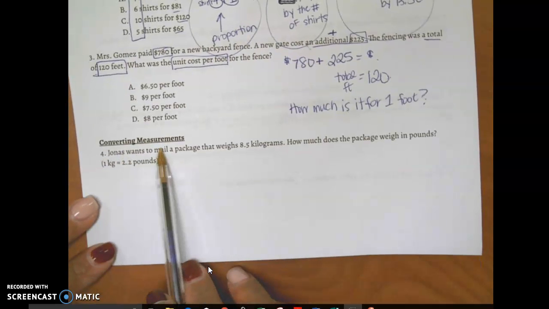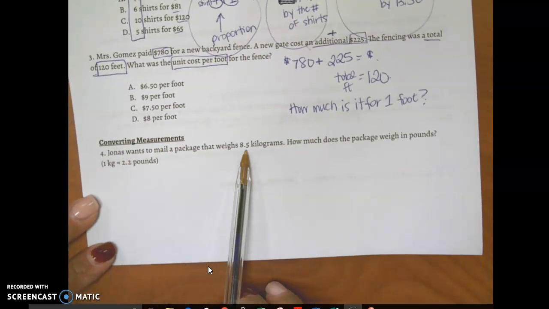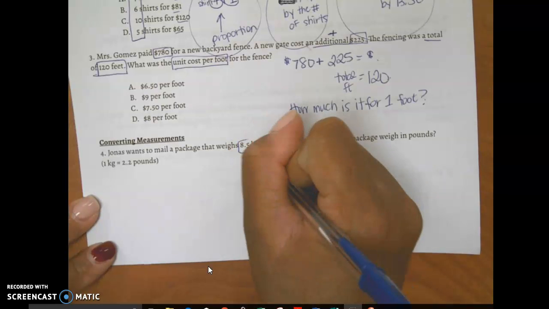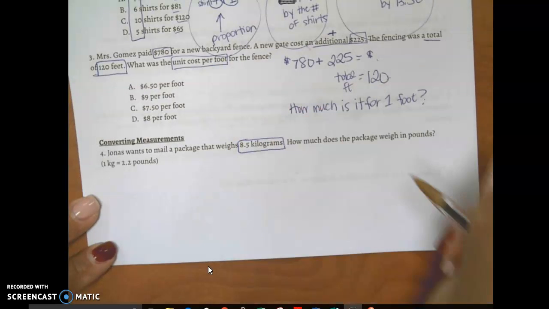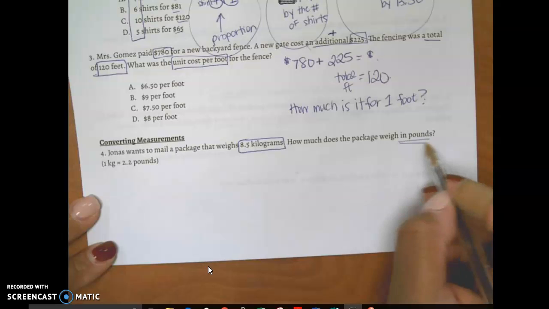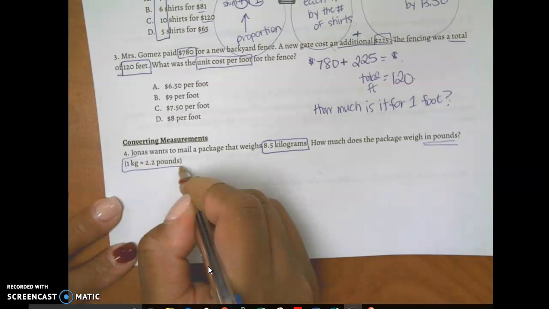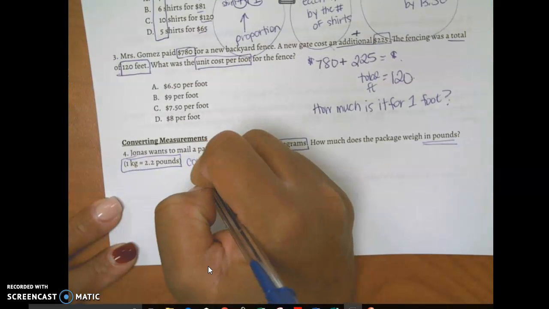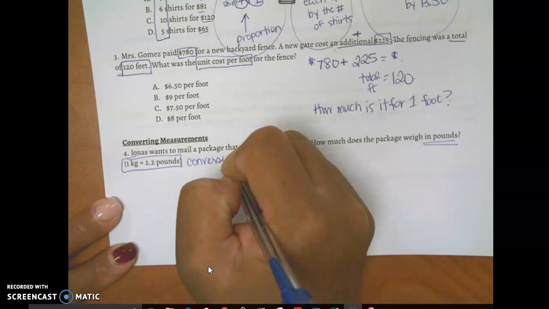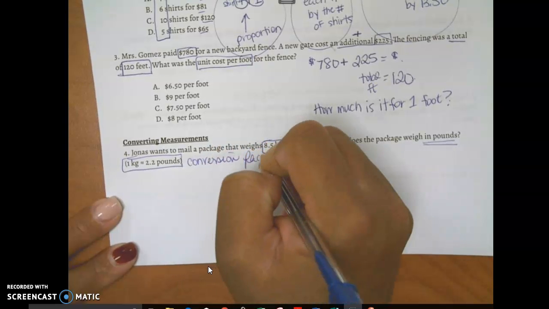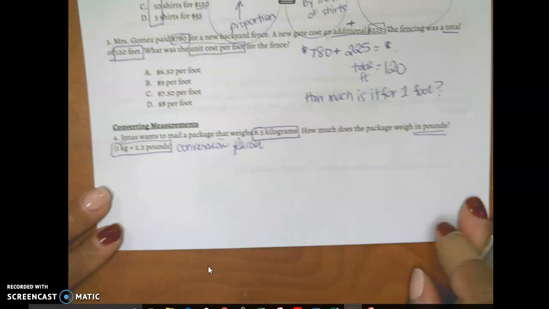Converting measurements. Jonas wants to mail a package that weighs 8.5 kilograms. How much does the package weigh in pounds? Here's my conversion factor. What do I need to make?